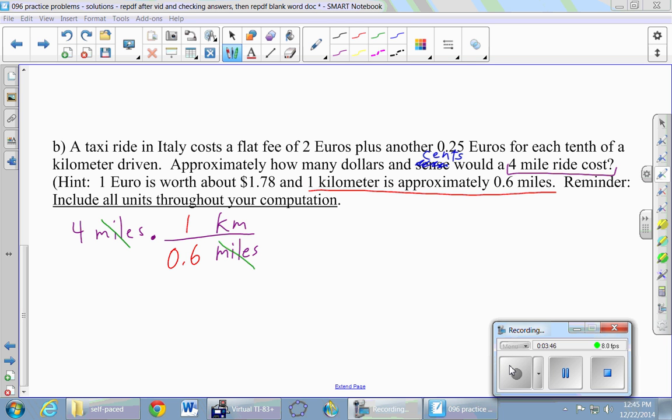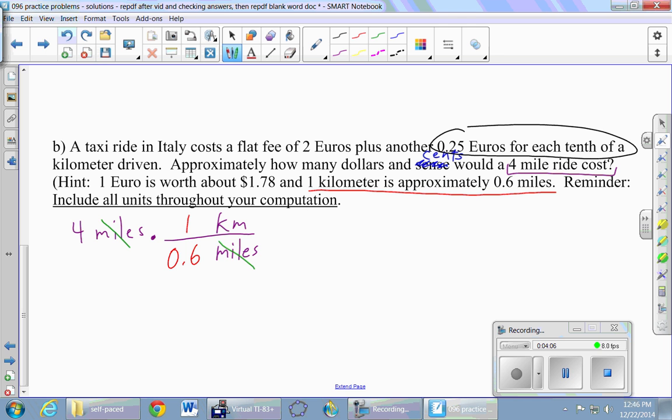And that's good because that opens the door to this particular ride, because the ride is given in terms of how many kilometers you go. So for each tenth of a kilometer, this ride is going to cost us 0.25 euros. So I think that's another fraction we can put in here. Multiply this by some fraction. Currently I have kilometers on top, so that tells me I better put kilometers on the bottom to cancel.